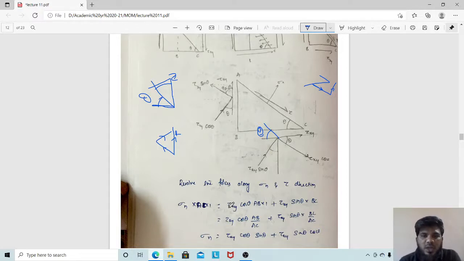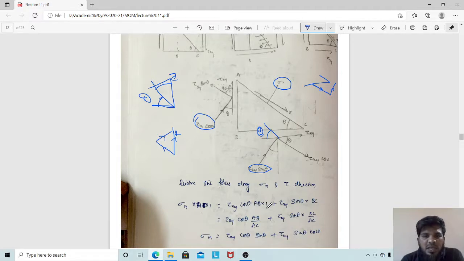Then try to take the forces acting on this plane, the AC plane: sigma n into AC into 1, and tau xy sin theta, which are in the direction of sigma n now. These three are along the direction of sigma n, parallel to one another. So tau xy cos theta into 1.